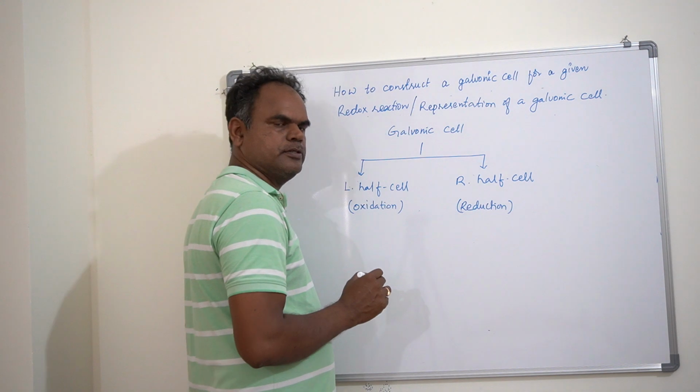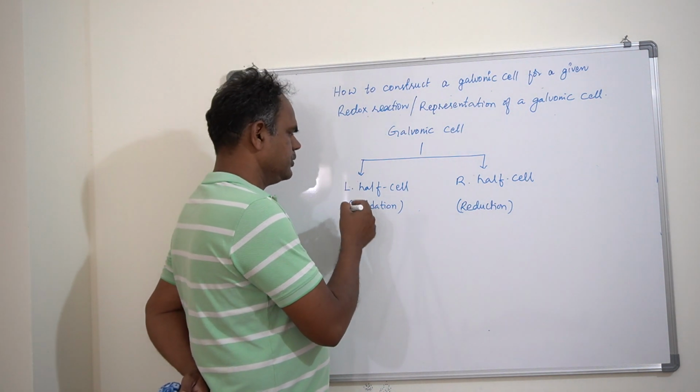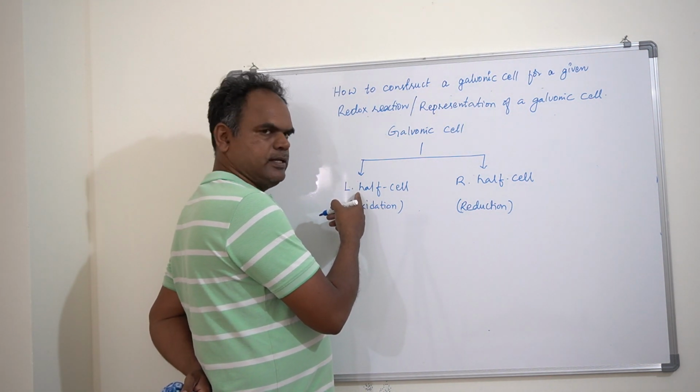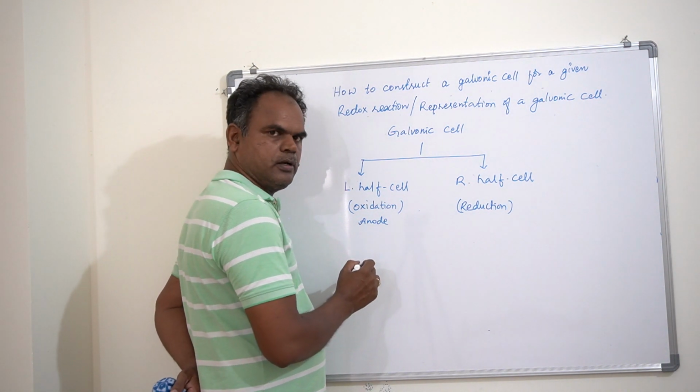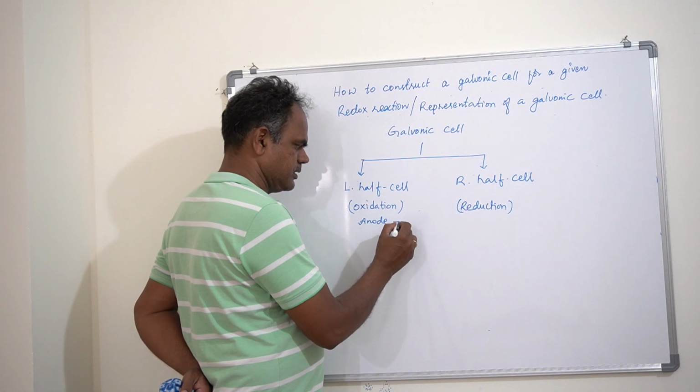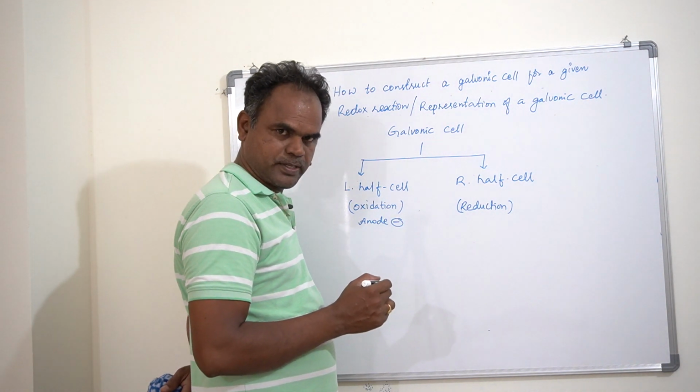The electrode taken in the left half cell is called the anode, whose sign convention is negative for the electrochemical cell.